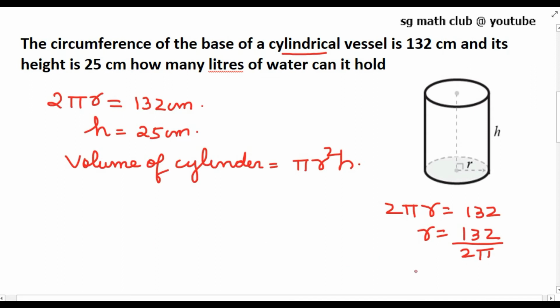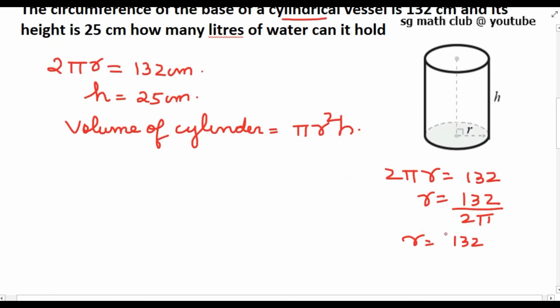When you simplify this, we have 132 divided by 2 into 22 by 7, that 7 will go to the numerator, and when you simplify this we will get r as 21 centimeter. So the radius of the cylinder r is 21 centimeter.